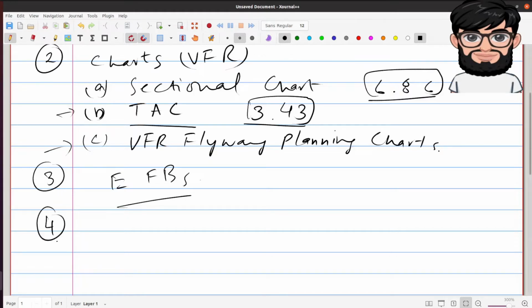Okay, the fourth one is basically I'm just going to name some of the things which you should be aware of on the sectional charts.